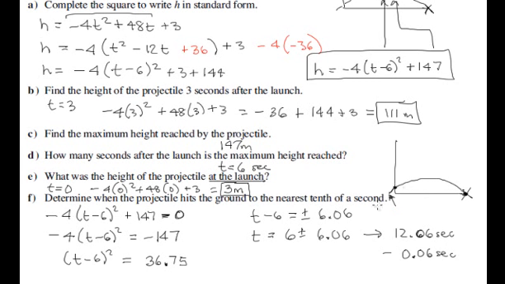As far as it knows, the object has been following this trajectory forever, and so, yeah, it stands to reason that a little bit before 0, this object should have been at 0 height. It had enough time to get up to 3 meters in time for the launch, and then it continued on, hitting the ground again at 12 seconds. So realistically, this didn't happen because the object was sitting still before it was launched. But that number does make a certain weird sort of sense, and the 12.06 seconds definitely works.